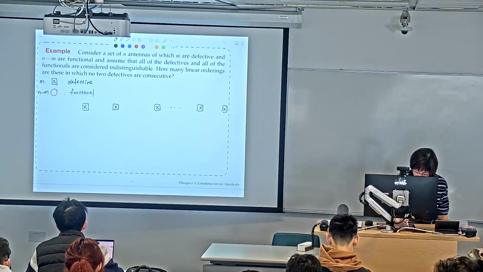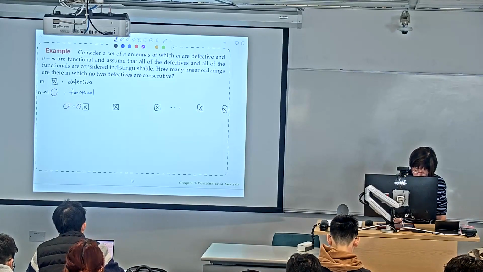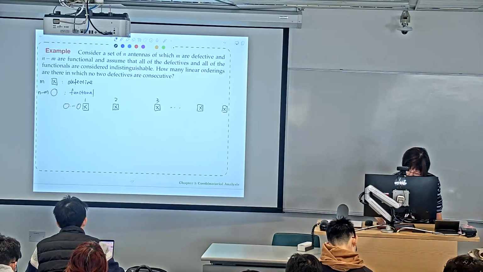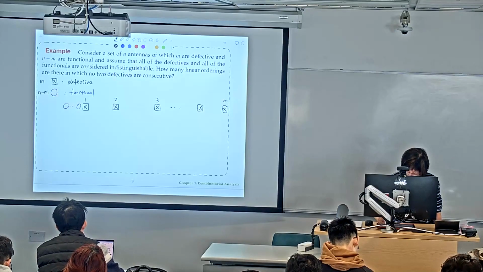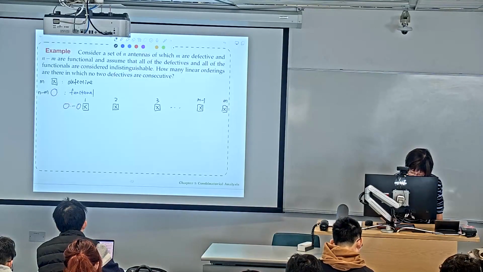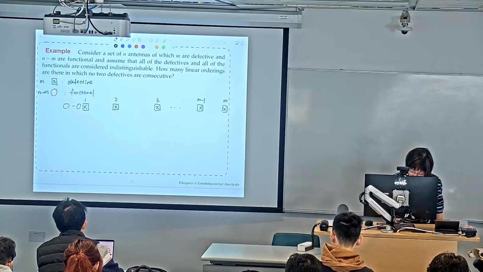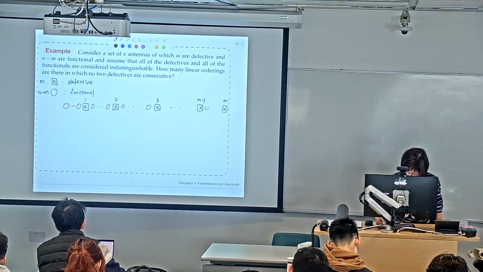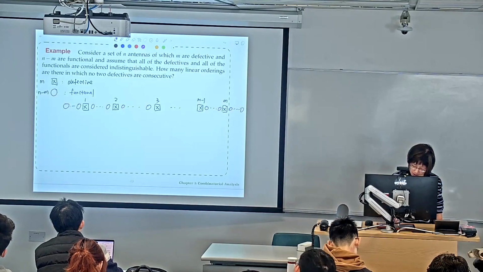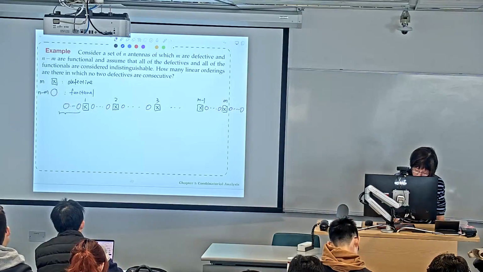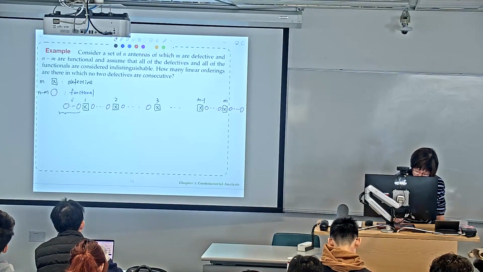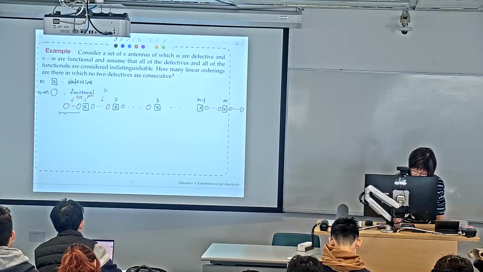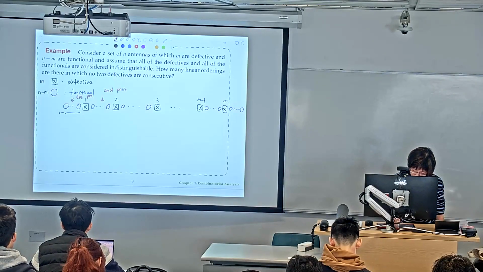So assume you insert some functional ones in between them, because we have m defective ones. I will call this the first position, and this is the second position, and like that.